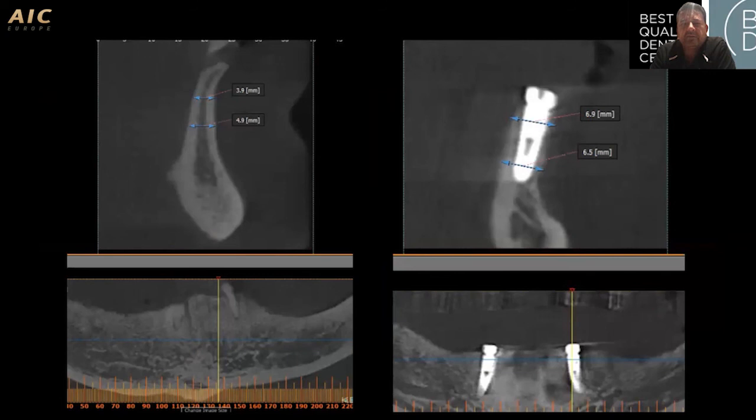And on the lower part of the bone, we started with 4.9 and achieved 6.5. So we have a significant increase of bone by using this technique with the kit. I was very happy. We didn't need any bone grafts for this procedure, and the case was solved.